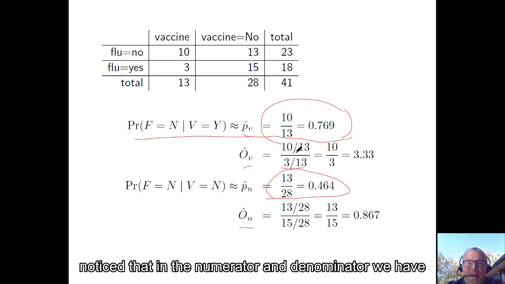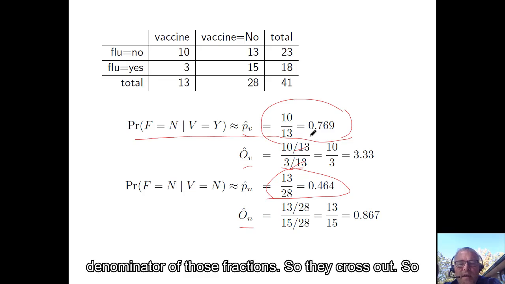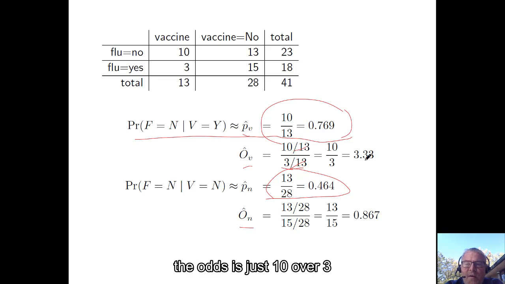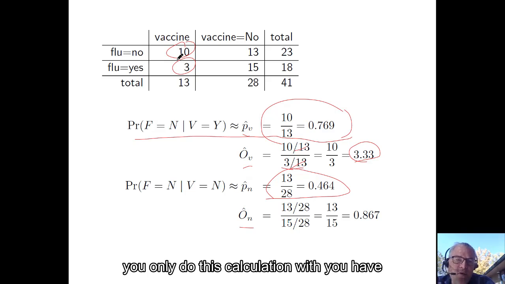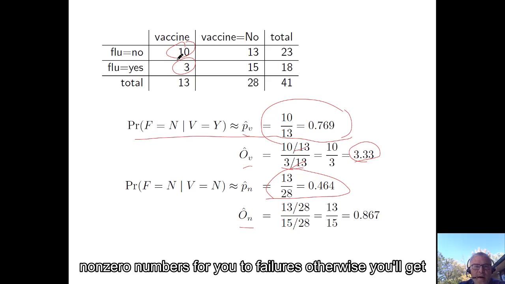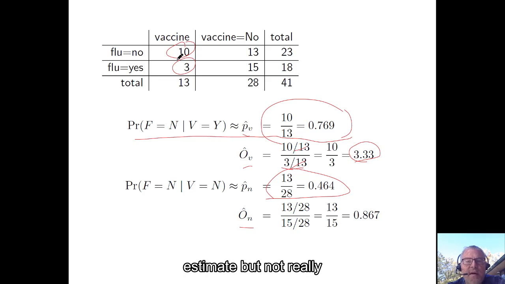We notice that in the numerator and denominator we have fractions with the same denominator, so they cross out. So the odds is just 10 over 3, which is 3.3. So it ends up just being successes divided by the number of failures. Now you can only do this calculation if you have non-zero numbers for your failures, otherwise you'll get an infinite odds, which is your point estimate, but not really a very reliable one.